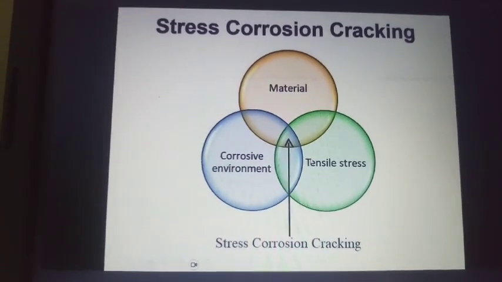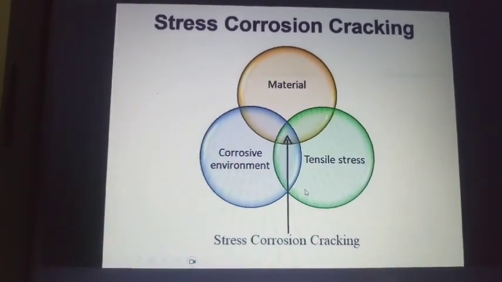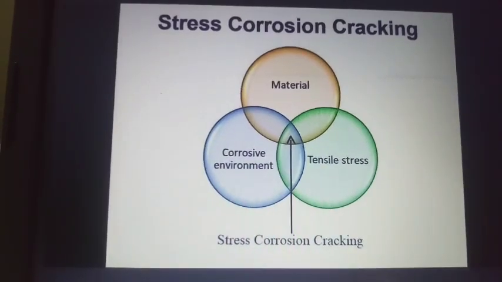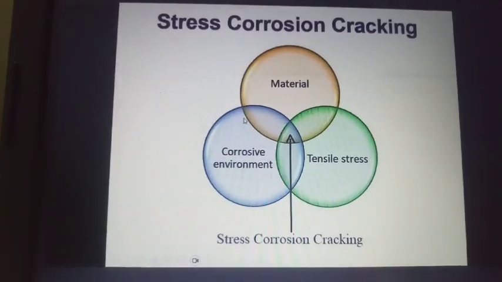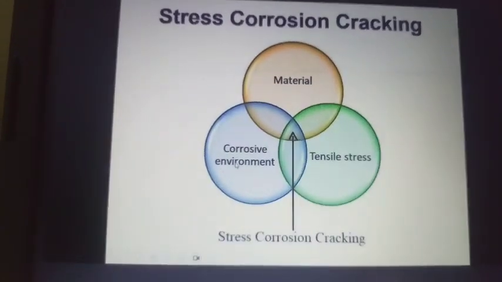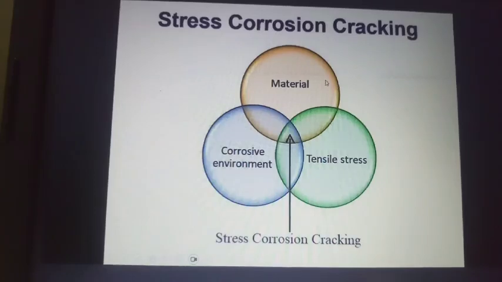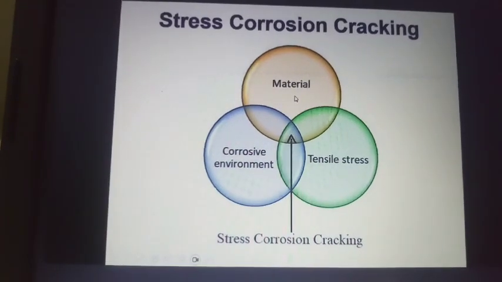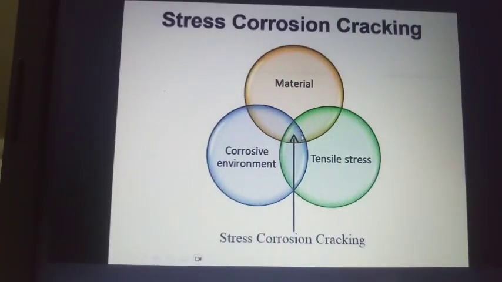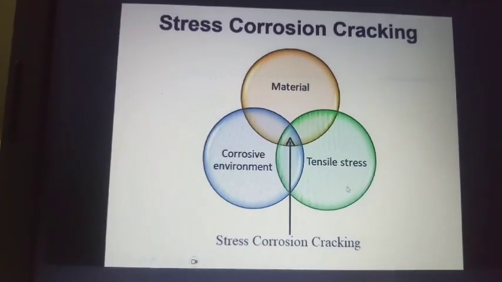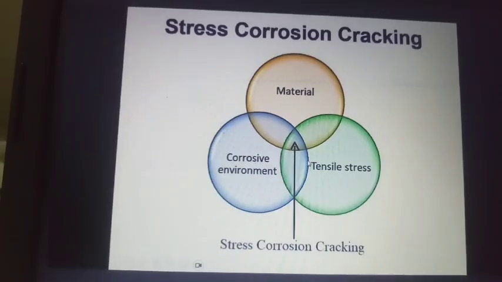If you have service piping and you apply pressure, that is your tensile stress. Internal pressure when you apply, that is your tensile stress. And a normal corrosive environment with any solution with chloride, and then any material like 304, 316 which is susceptible to stress corrosion cracking. When all three criteria are satisfied, then SCC will occur.